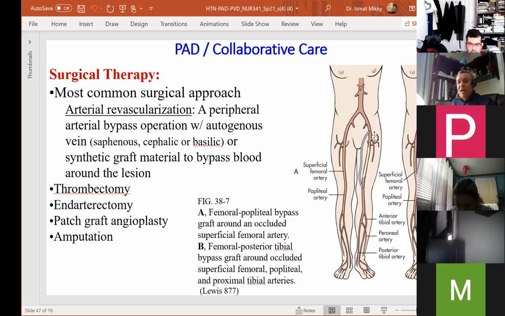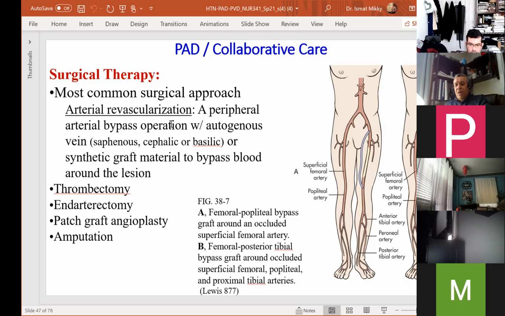The graft will be implanted or sutured proximal to the distal side to bypass the occlusion, the occluded segment of the blood vessel. So the graft is going to reperfuse. That's why it's called a revascularization procedure.